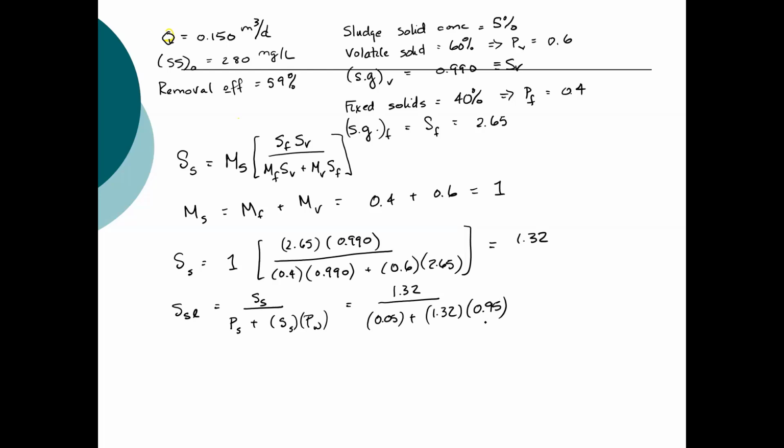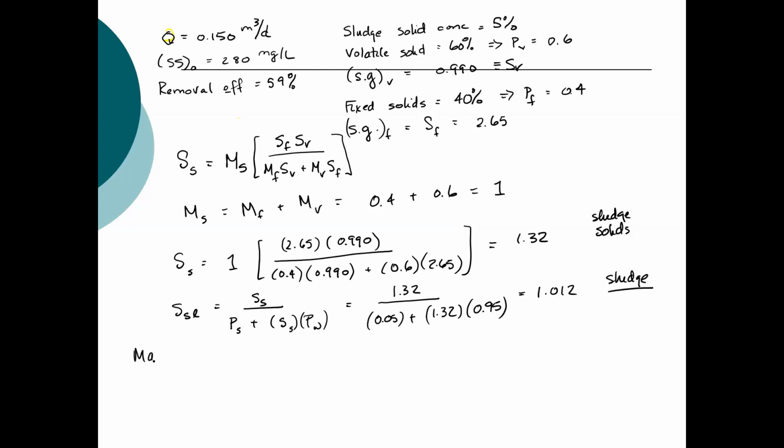So if we have 5% solids, we have 95% water, and that is equal to 1.12. So that is the specific gravity of our sludge. So this is the sludge, and this is the specific gravity of the sludge solids. So that first value, that 1.32, doesn't include the water.